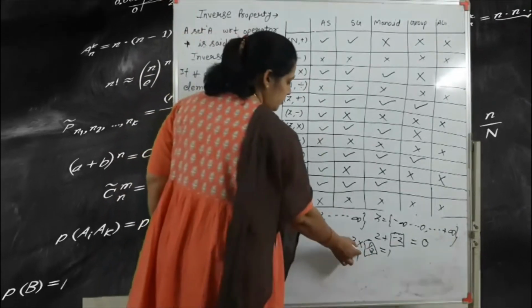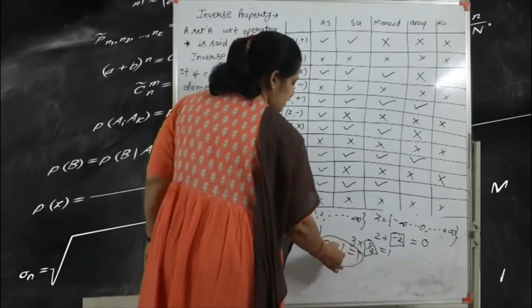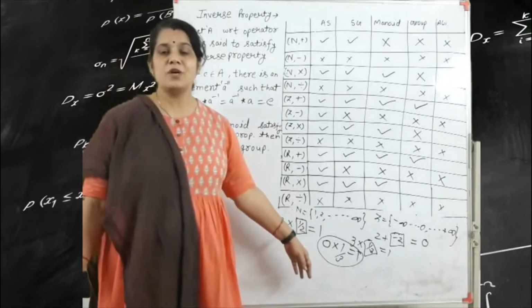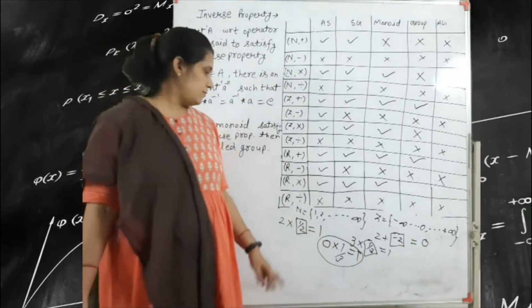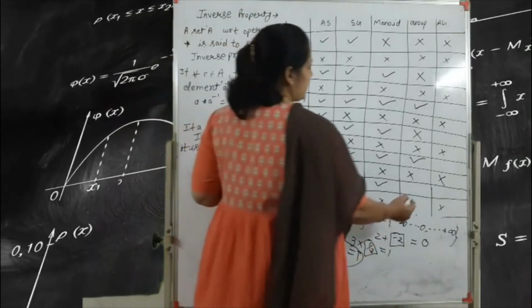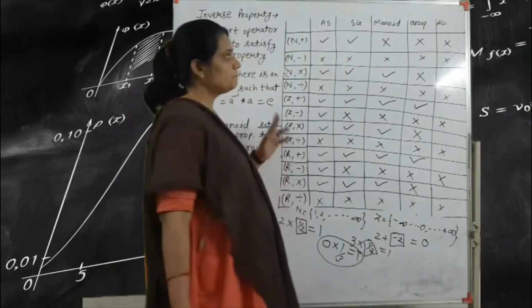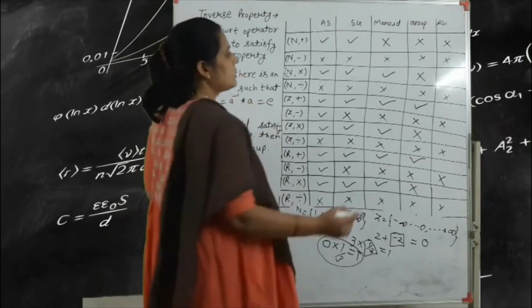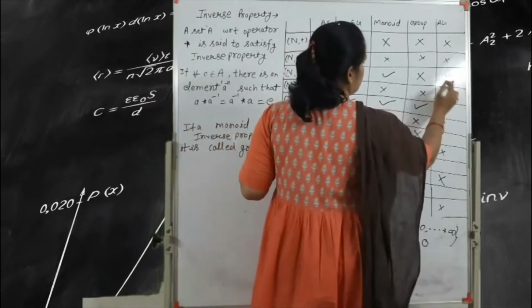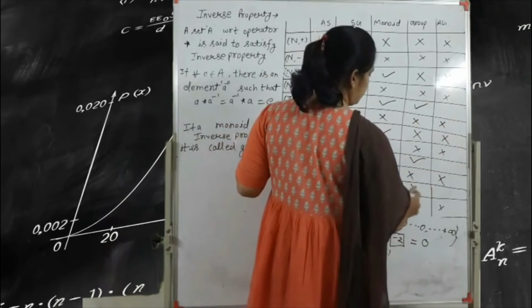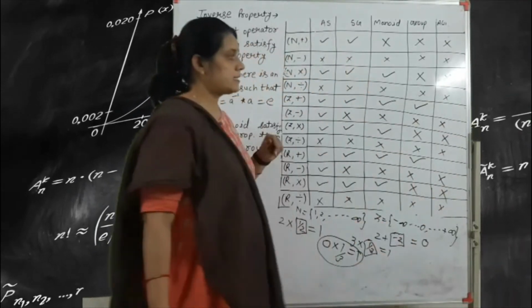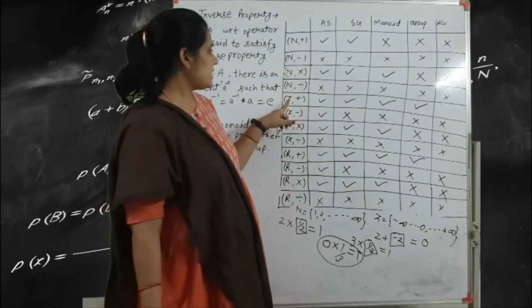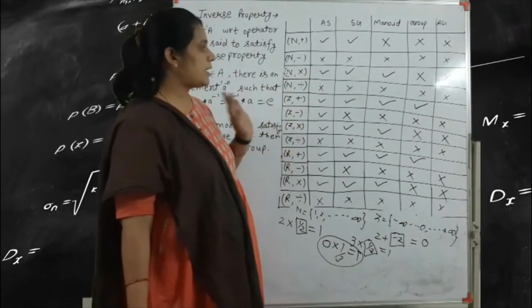No, this is not possible, because whether we write 1 by 3, 1 by 4 or any number here, we always get 0. That means R multiply does not satisfy the inverse property. So for this one we write a cross, this also a cross, and this also a cross. That means we have only two sets, Z plus and R plus.